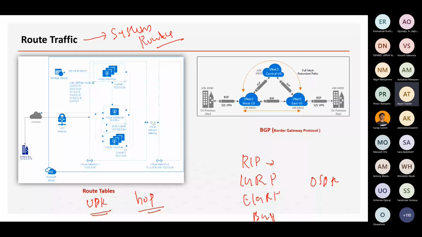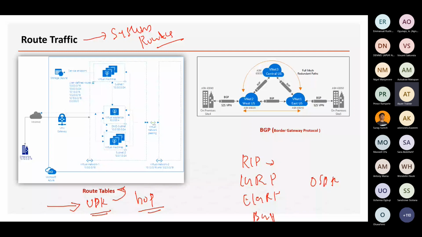That is known as a user defined route. How is this configured? It is configured with the help of a feature called routing tables. With the help of a routing table, you have an option to configure routing.